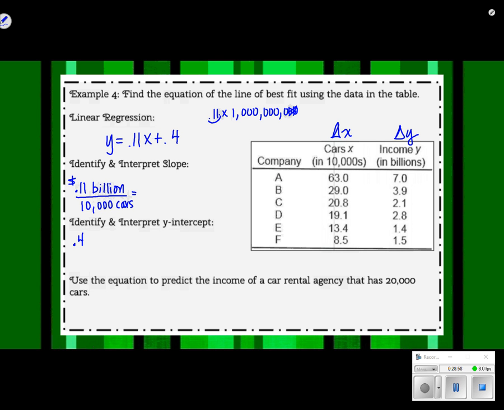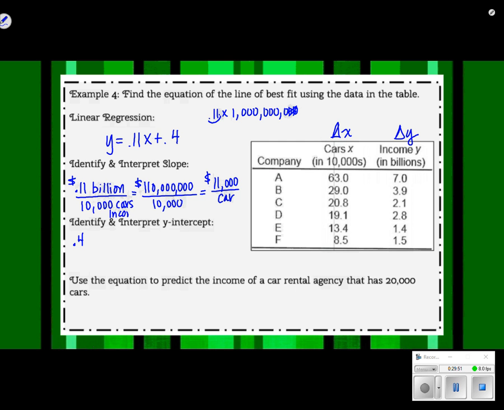So that means I really have 11, so it's like $110 million per 10,000 cars. And let's clean that up. Okay, so I have figured out that for every car that they are renting, at this dealership, they are making an income of $11,000.